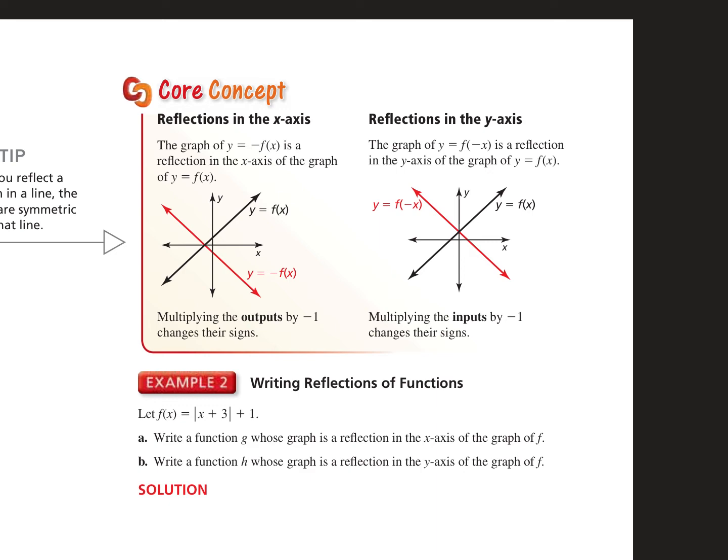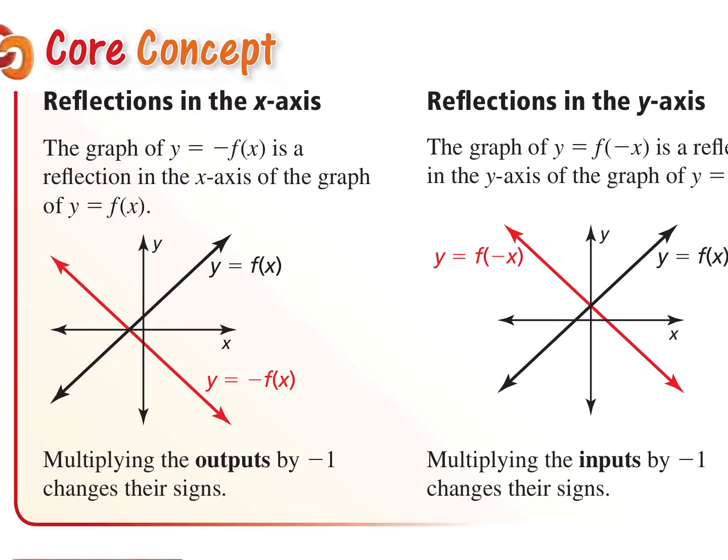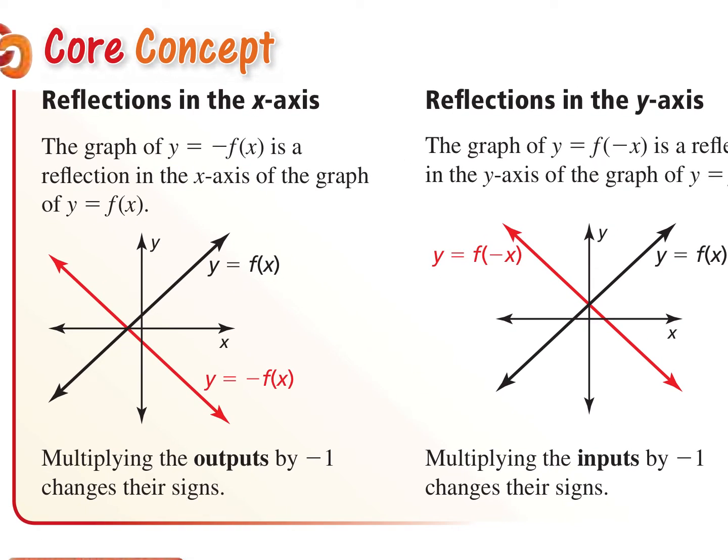Next transformations we're going to look at are reflections. A reflection in the x-axis, does that happen inside or outside? Outside. X's, you want to keep your x's outside the house. So this is outside. So we would just multiply that to the entire function.